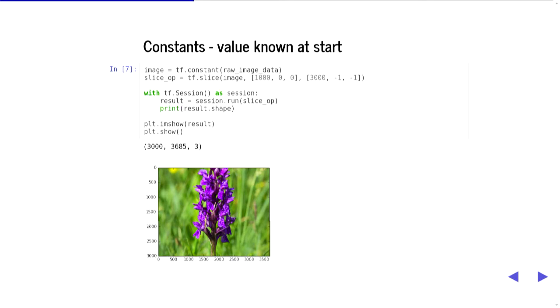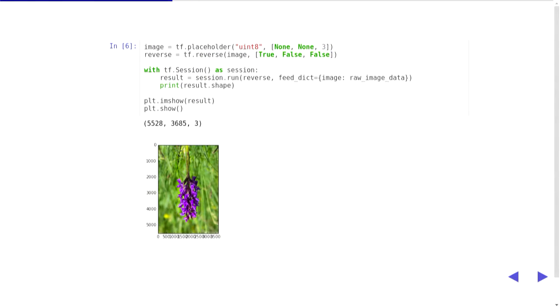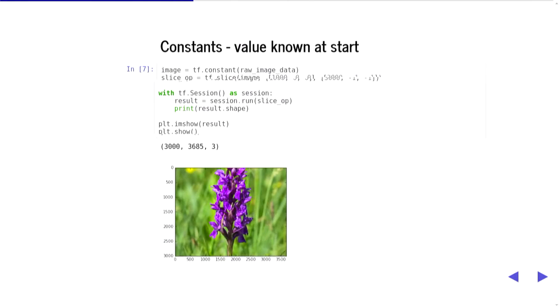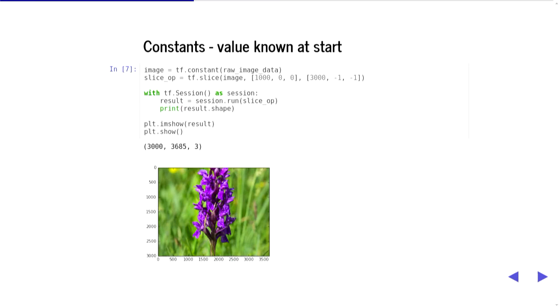So in this case, we do a slice operation on the image. The first list there is the starting position across each axis, and the second list there is the size, with -1 being go to the end, which is not like that at all. That should probably, I don't know, being picky here, be something like 3,000 and none or something like that. But yeah, so this is a common pattern.